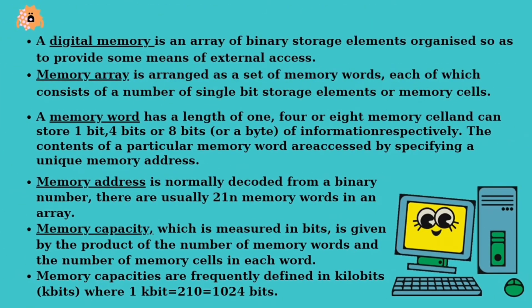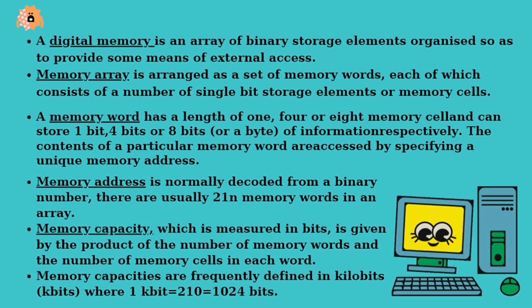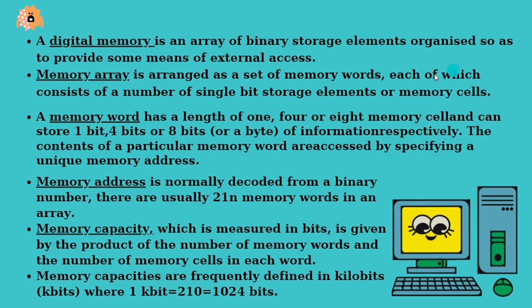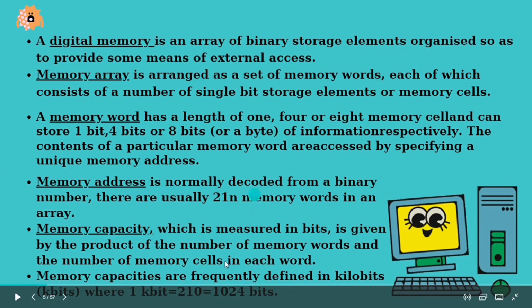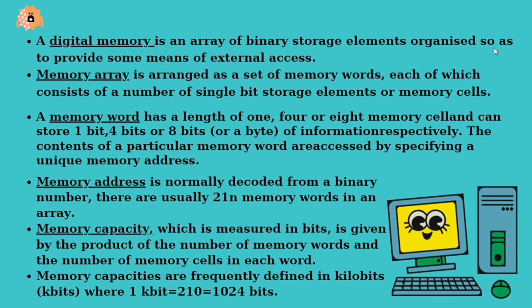A digital memory is an array of binary storage elements organized so as to provide some means of external access. The memory array is arranged as a set of memory words, each of which consists of a number of single-bit storage elements or memory cells.